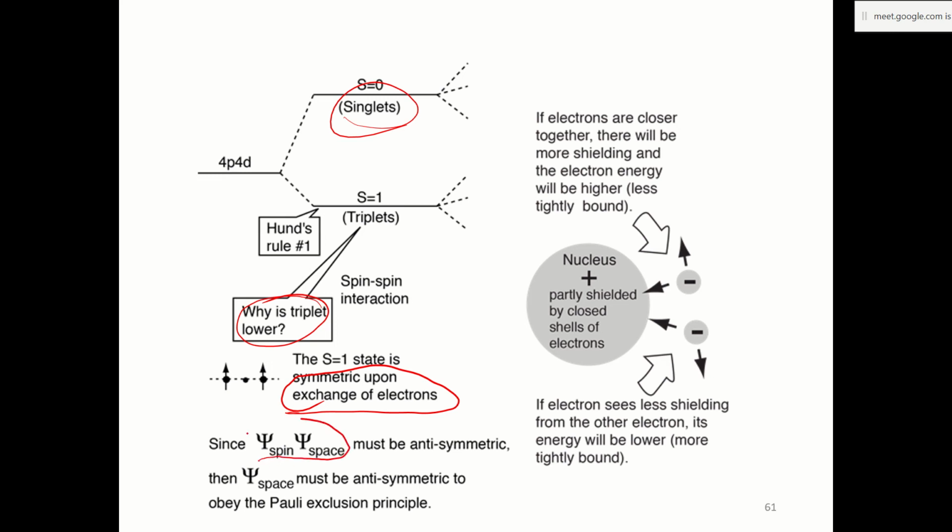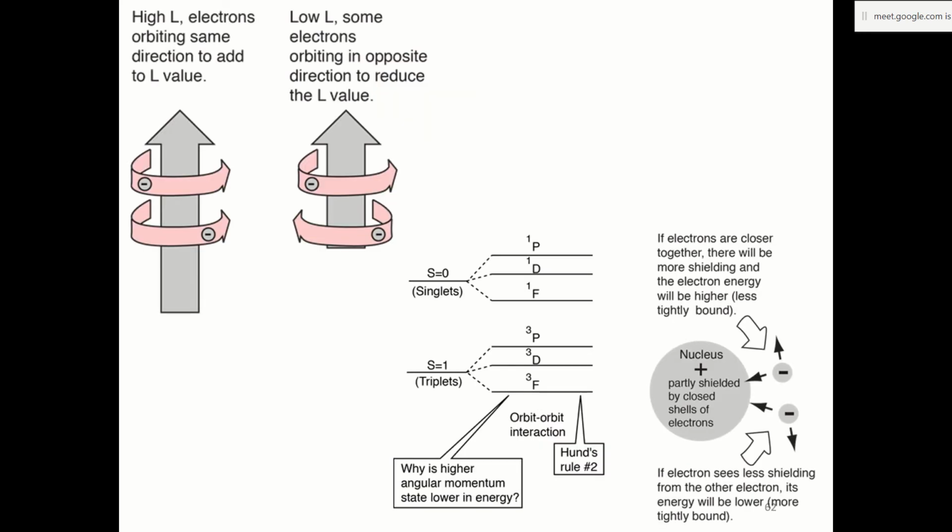Overall, because electrons are fermions, the combined wave function of spin and orbital must be antisymmetric. Because the spins are the same, the spatial part of psi must be antisymmetric. It must be different to follow the Pauli exclusion principle.